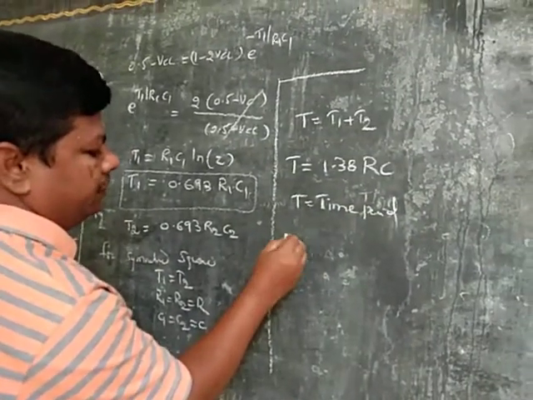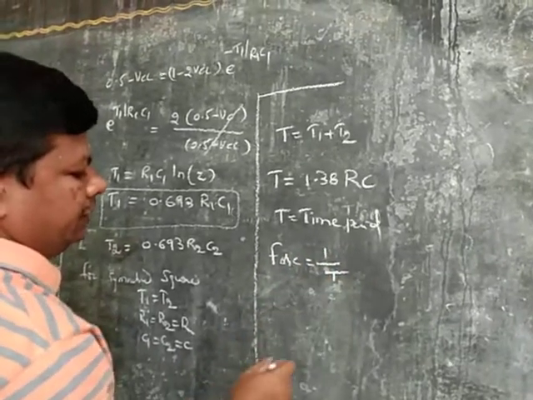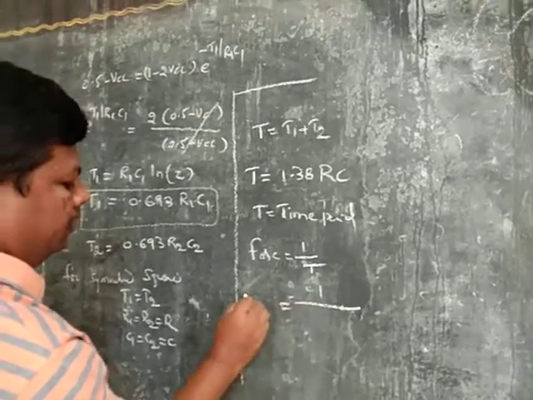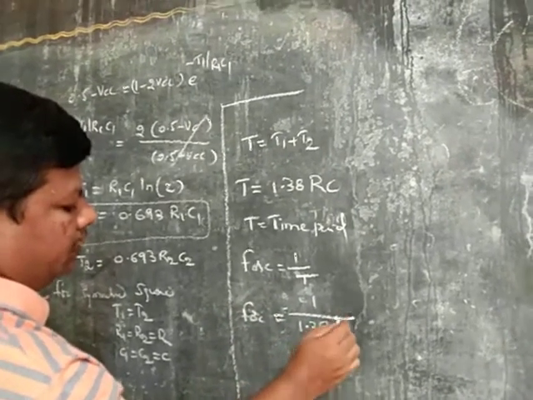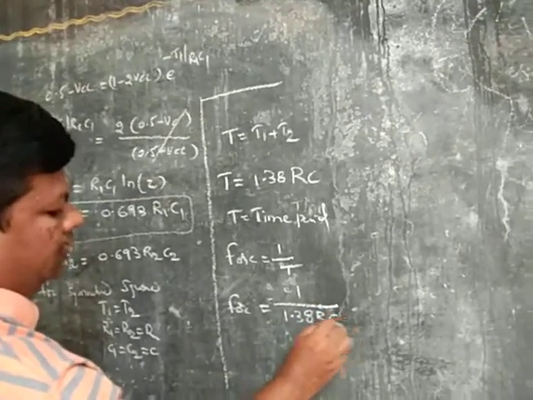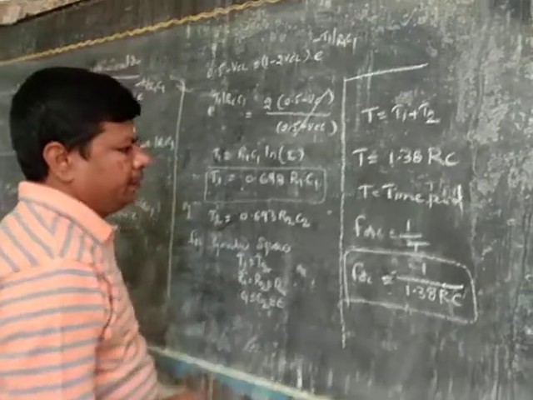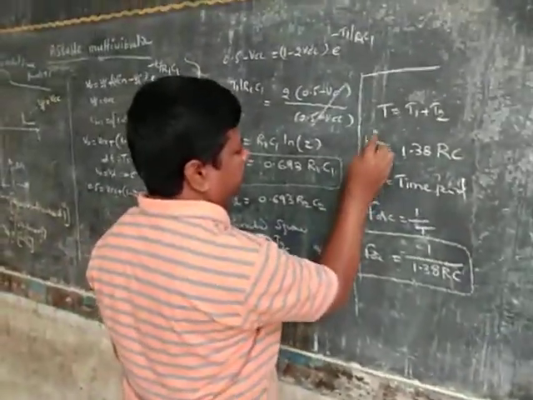Then once you know the time period, the frequency of oscillation is equal to 1 by capital T, that is equal to 1 by 1.38 RC. This is for a symmetrical square wave. This is the time period.